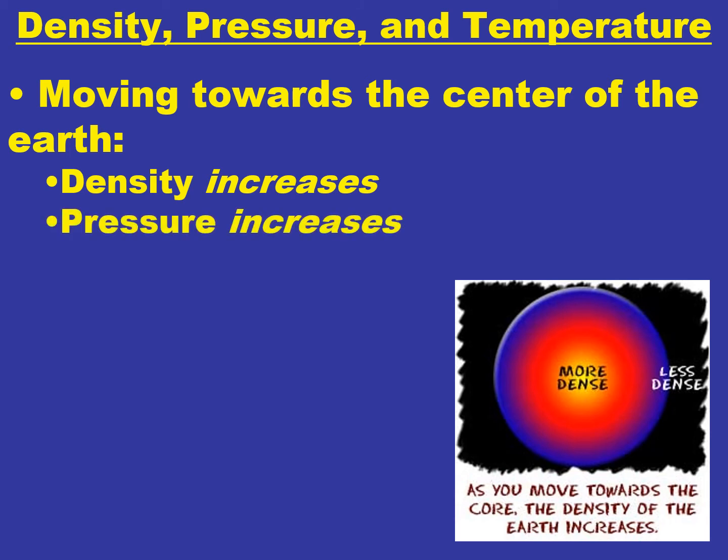And then we have pressure. Again, everything's squeezing down. So the least pressure is on us, on the crust, and the most pressure is on that inner core. And finally, temperature. We know temperature increases because once we get to the inner core, it's as hot as the sun. It is certainly not as hot as the sun on the lithosphere where we live.